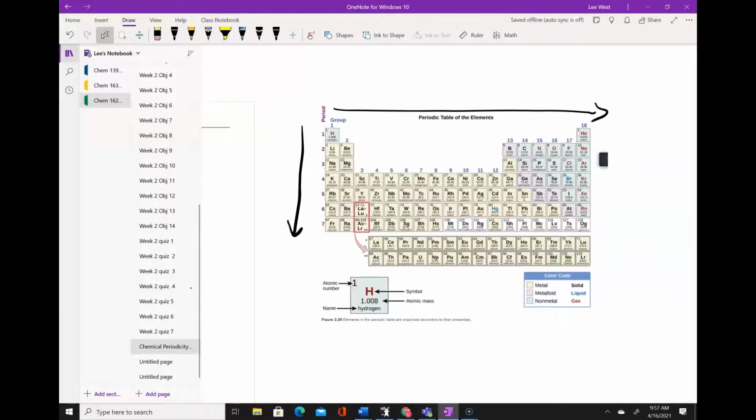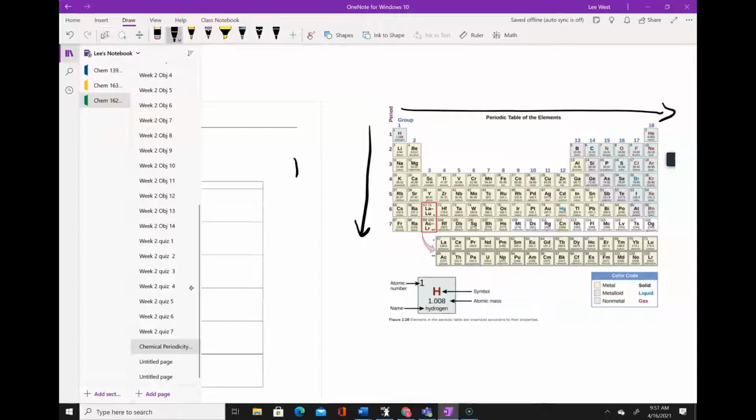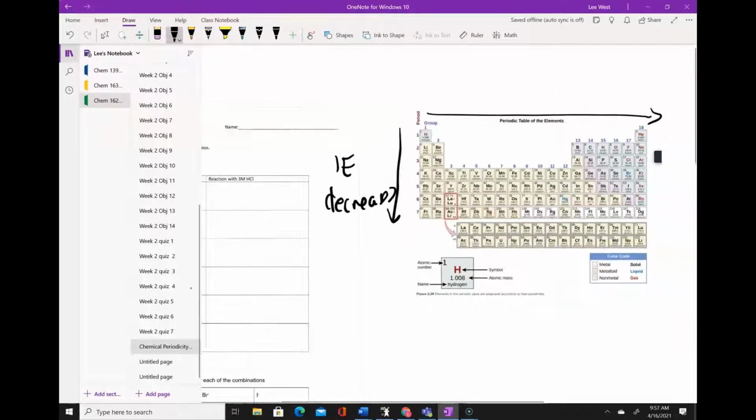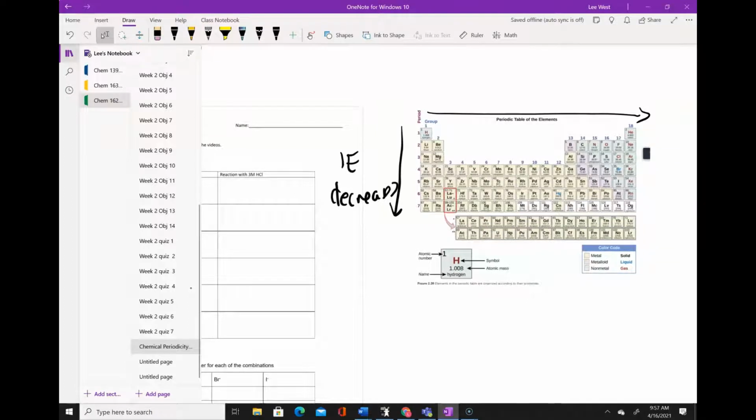Something that we know about the metals is as we head down a group, the ionization energy decreases. It becomes easier to remove an electron. We also know that as we go across a period, the ionization energy increases. It becomes harder to remove electrons.